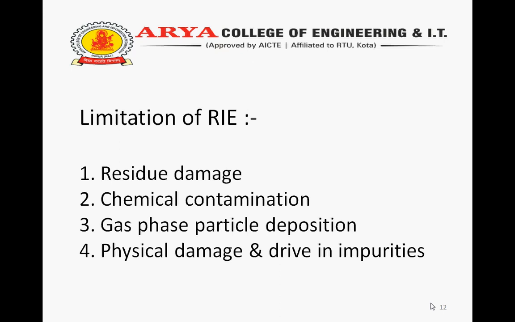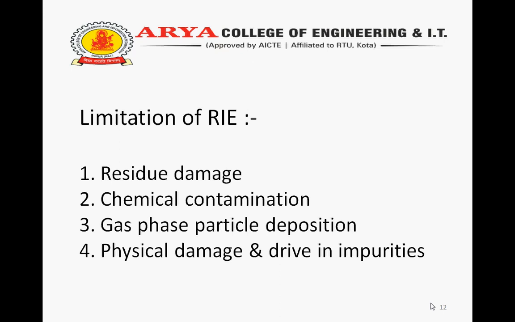Third is gas phase particle deposition. Due to sputtering of the electrodes, chambers and fixtures in contact with plasma, metallic impurities such as Fe, Ni, Na, Cr, K, Zn, etc. are deposited on the surface of the wafer after etching.